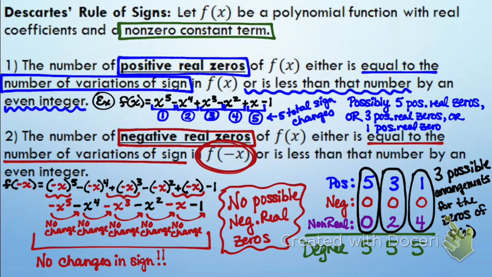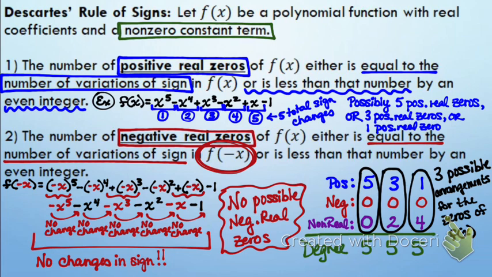It's either got 5 positive real roots, so 5 things on the positive side of the x-axis, or it has 3 positive real roots and it's got some kind of a wiggle in there up off the x-axis, or it has only 1 positive real root and 4 imaginary roots. The reason we're always decreasing it by an even integer is my non-real, my imaginary roots, always have to come in positive negative pairs.